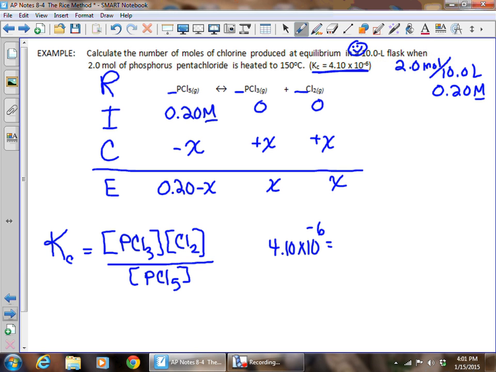Both PCl3 and Cl2 are X, so we can put X. We could also put X squared. Either way, it doesn't matter. And PCl5 is 0.20 minus X. Remember, we're going to be able to neglect any added or subtracted X. So this is going to be approximately equal to X squared over 0.20.